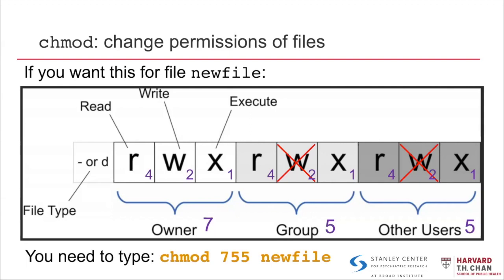For each type of user, either the owner, the group, or the other users, you sum those scores. For example, for the owner, you give a score of 7 because you want to let the owner read, write, and execute the file. For the group, you give a score of 5, and for the other users, you also give a score of 5.